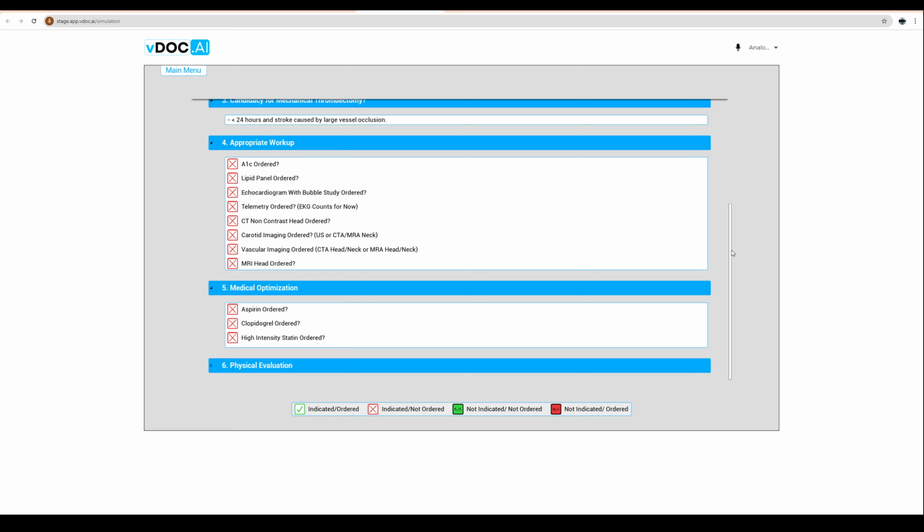And this can further provoke more discussion, especially if the student is using this with their school, on even further review of being able to say, every stroke patient needs to have an echocardiogram with a bubble study, and then saying, well, they didn't order that. Perhaps they didn't understand why we do that and why we're looking at that in stroke patients.